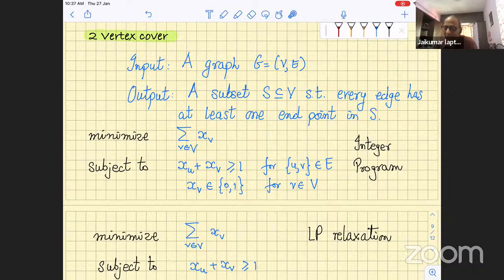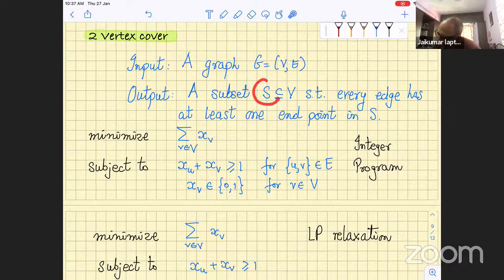So this is the problem of vertex cover. So you've been given a graph as before, an undirected graph, not necessarily bipartite, and you are trying to find a set of vertices so that all the edges are touched. That is, every edge has at least one endpoint in this subset of vertices.